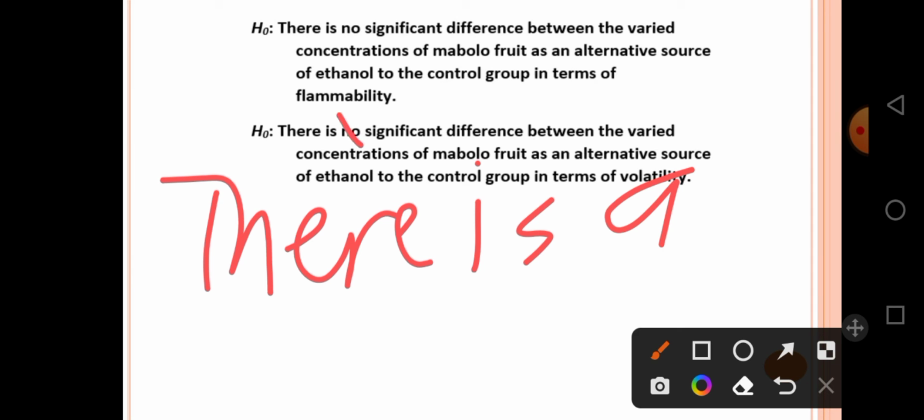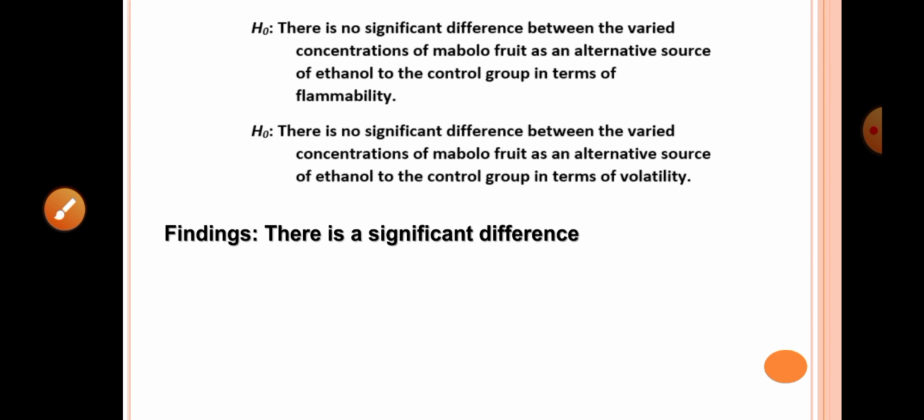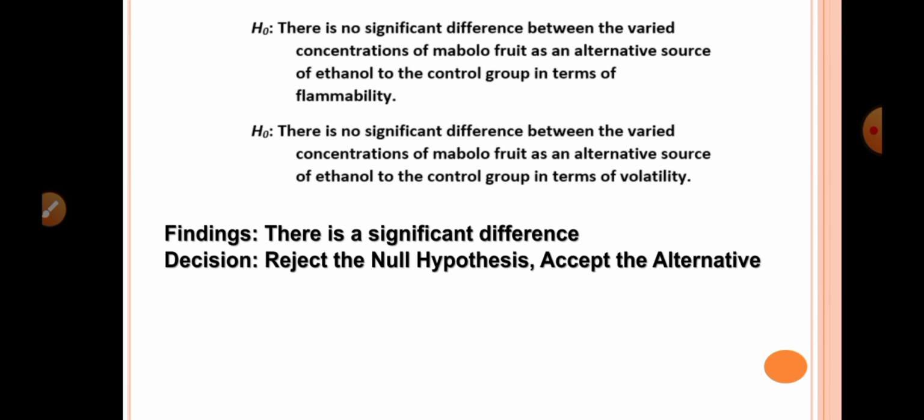Okay, meaning to say we falsified this part, that there is no significant difference, because your statistical analysis showed that there is a significant difference. Therefore, class, what will be our decision? Do we accept or do we reject the null hypothesis? Our decision here, class, is to reject the null hypothesis.